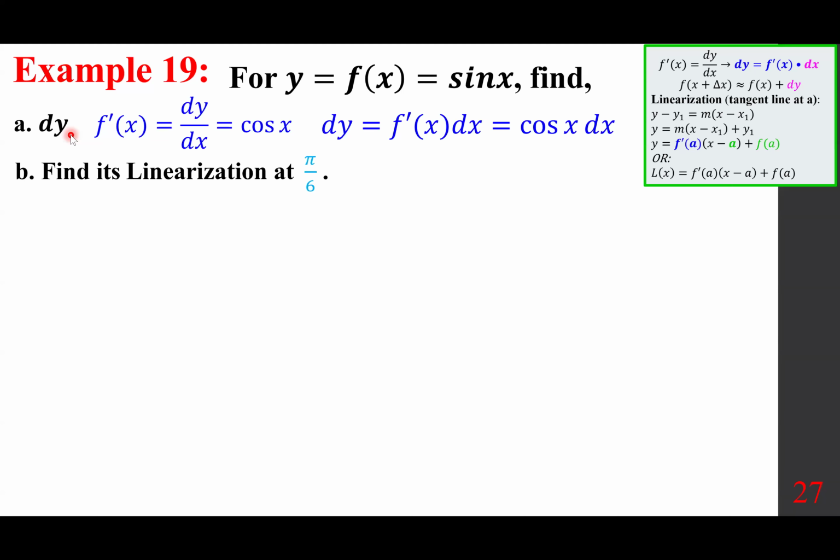Find its linearization at pi over 6. Linearization, I'm going to just use the point slope, so I need a pair and I need the slope.